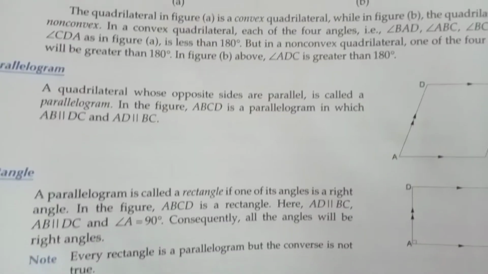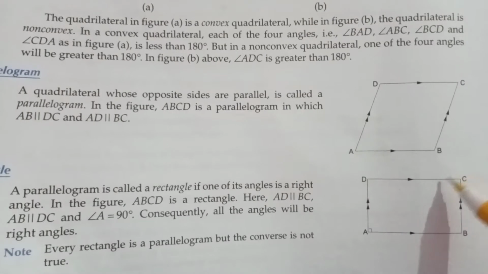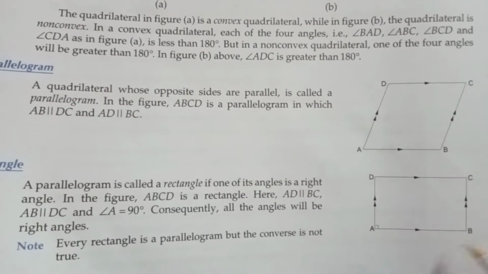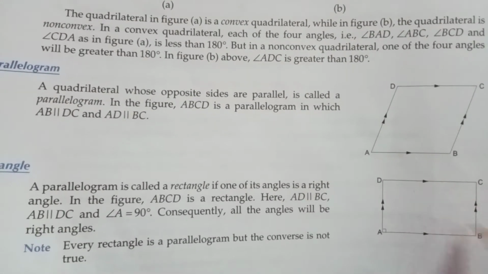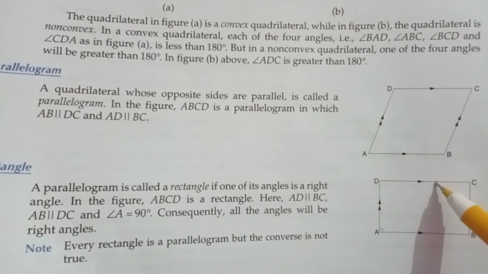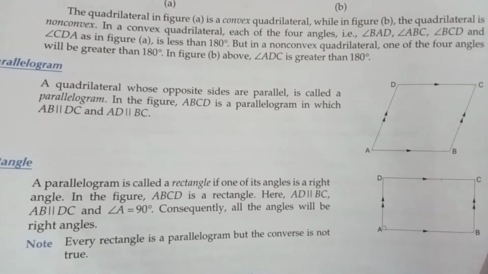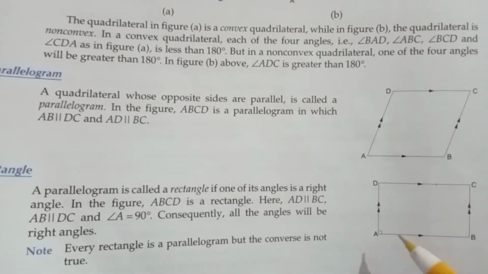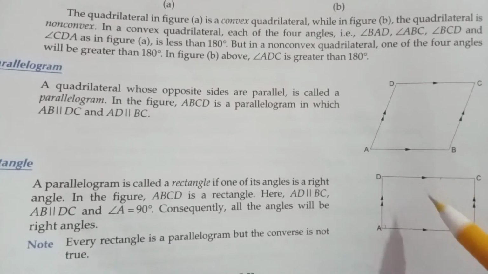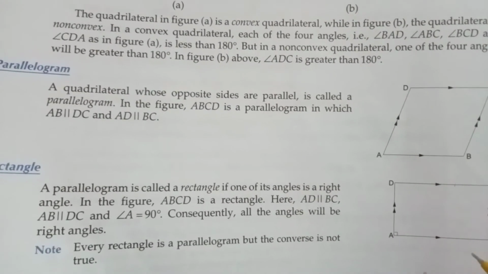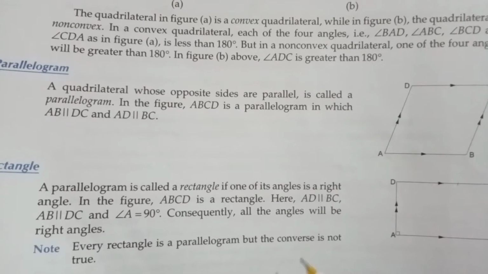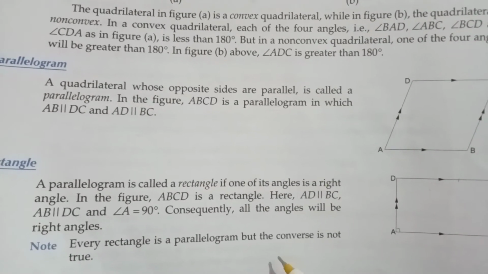Next one is rectangle. In a rectangle we know that there are two lengths and two breadths. Length and length are equal, breadth and breadth are equal. Lengths are parallel to each other and similarly breadths are parallel to each other, and angles A, B, C, D, all angles are right angles. Every rectangle is a parallelogram, but the converse is not true.